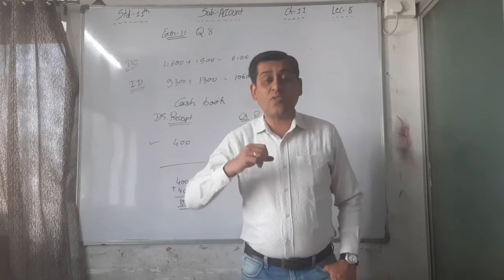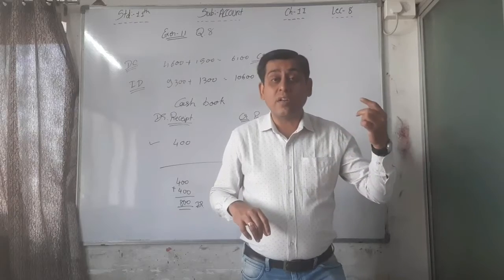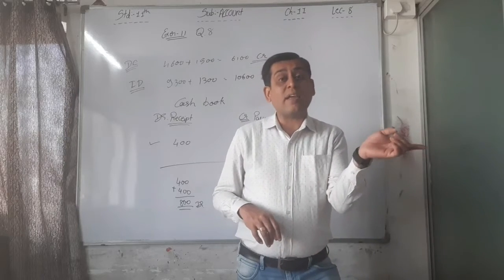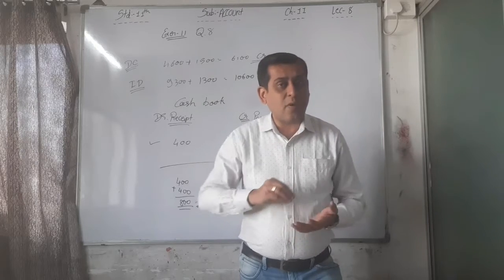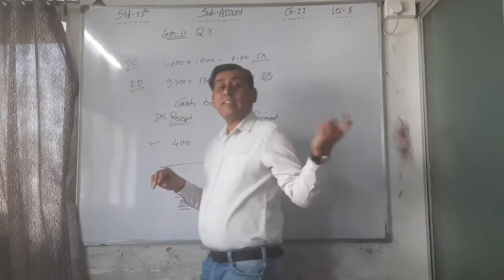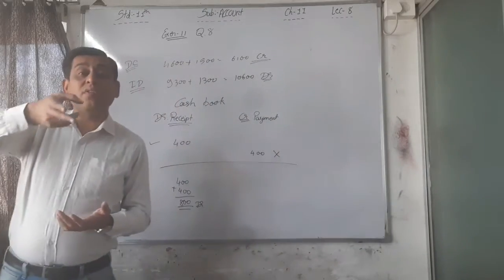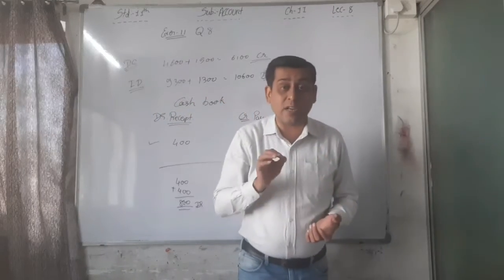But on the request of the owner, this amount is reversed. That's why the bank credits that amount. Reverse means credit. At the time of levying the charges, the bank debited that amount. Now it is reversed, so the bank credited that particular amount.